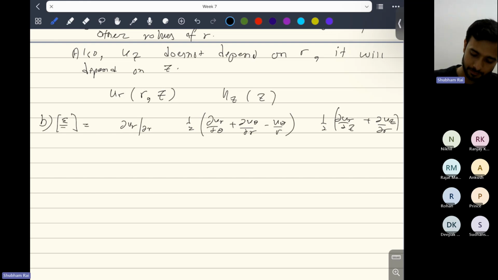And then here you have 1/r ∂u_θ/∂θ + u_r/r. And then here you have half of (∂u_θ/∂z + 1/r ∂u_z/∂θ). And then here you have ∂u_z/∂z, and the rest of the matrix is symmetric.